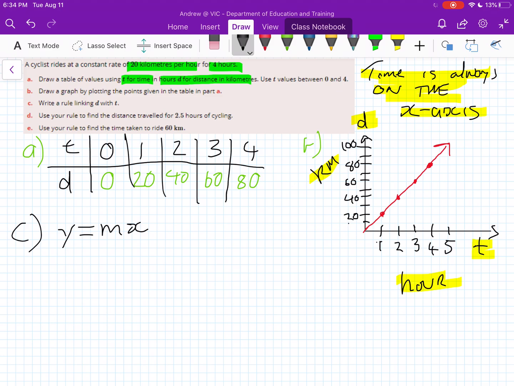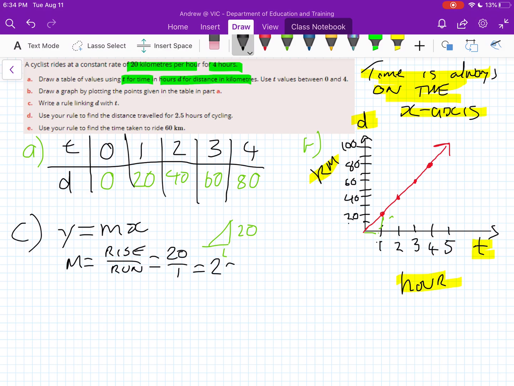We go across 1. Oh, sorry. So m is equal to rise over run. So you can see here, we go across 1 is our run and go up 20. So we'd have a triangle like this, obviously not to scale. So our rise is 20, our run is 1.